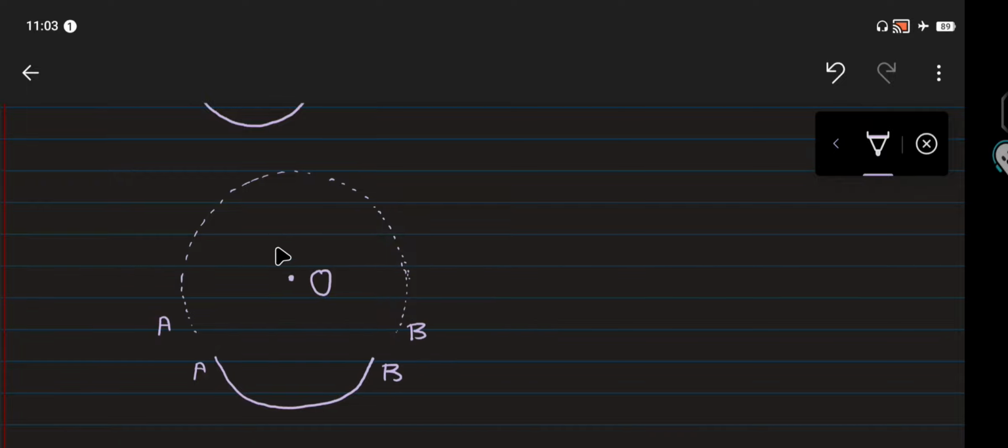You see, we have two arcs. One is above the center and another is below the center. You can see that this upper one has a larger length than the lower one. So the arc with the larger length is called the major arc. This upper one is the major arc. And the arc with the smaller length is called the minor arc. This lower one is the minor arc.